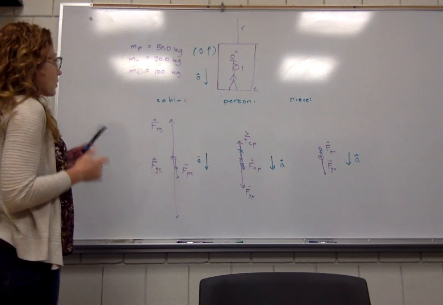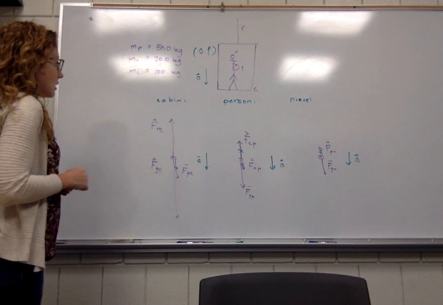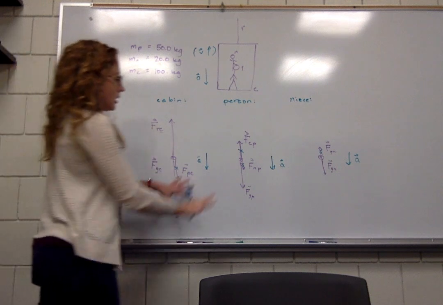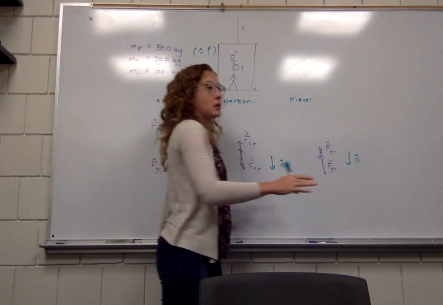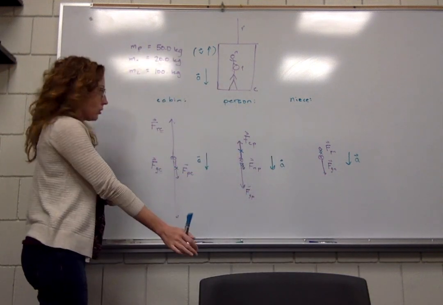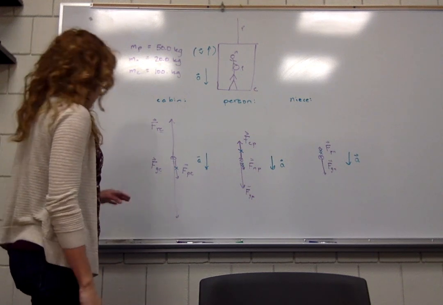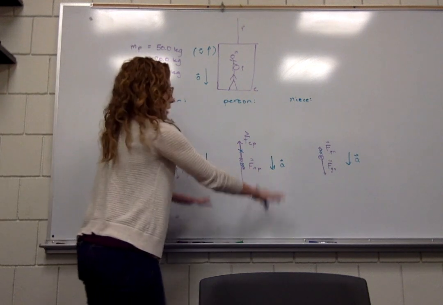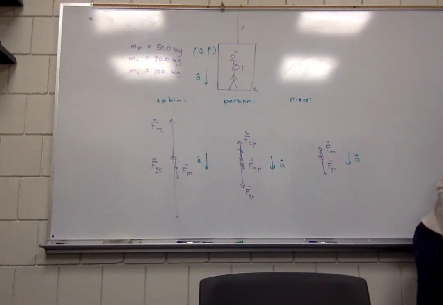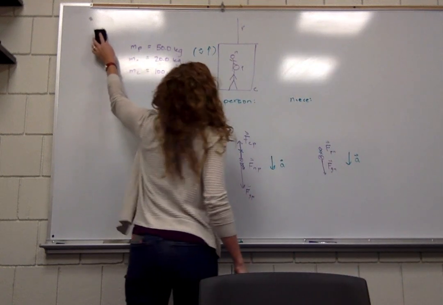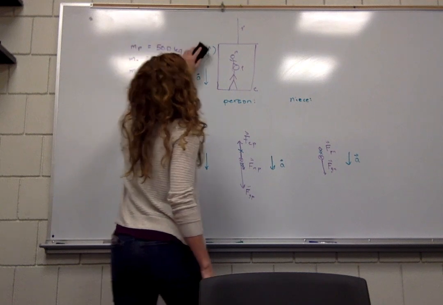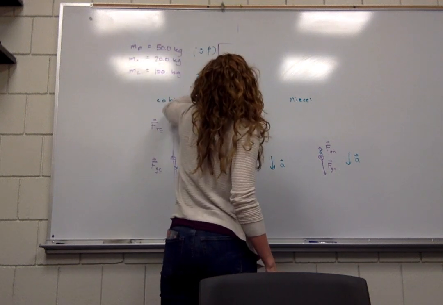Now we're at a point where we can do Newton's second law for each of these. Normally I would go down on the page, but I'm going to put it up here.